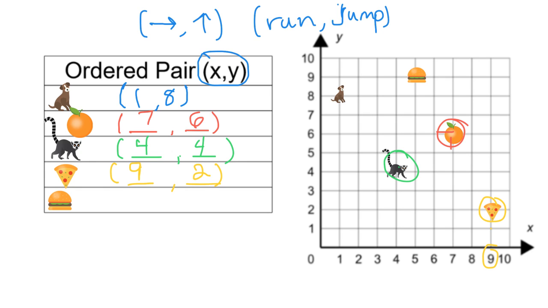Then our cheeseburger, we're going to use black. Remember to run before you jump, over before you go up. So I'm going to go over to where I see that lining up, which is 5 on my x axis, and then 9 on my y. 5, 9.